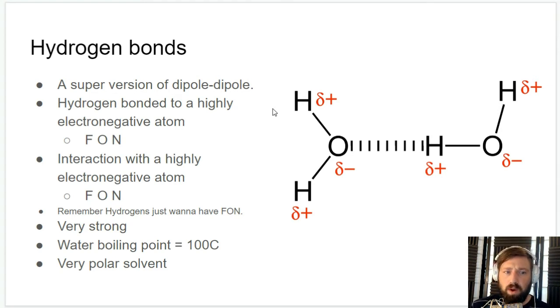Now, the reason why we say they're hydrogen bonds and not just hydrogen intermolecular forces is because these guys are so strong that for a long time we actually thought that these were true bonds, that they were sharing electrons back and forth, or they were on the same level as ionic bonds, where they were taking electrons from one place to another. But that's not necessarily true. It's more like an interaction, but a very, very strong one.